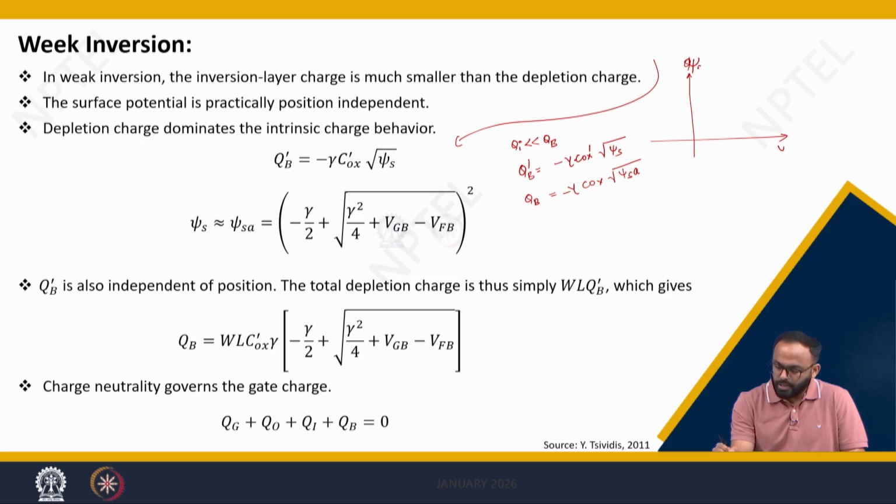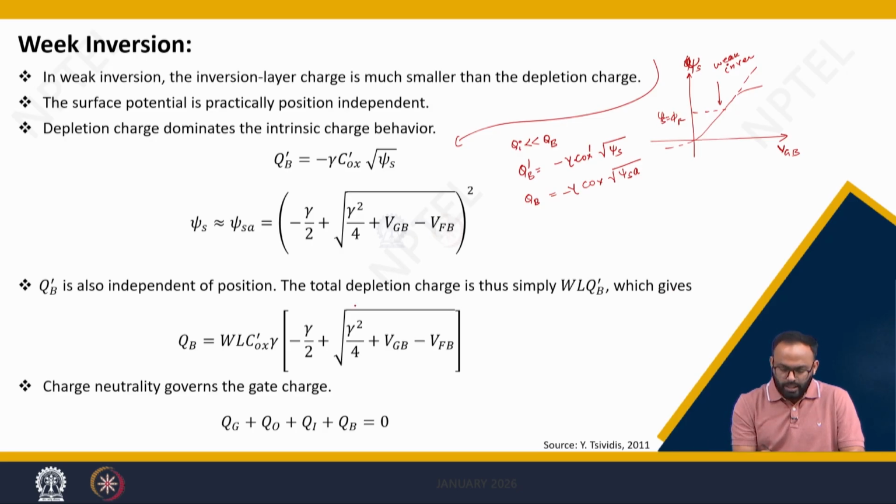If you plot surface potential with respect to VGB, the graph was like this, and we said that this shows the weak inversion, which is similar to the depletion case where psi s is equal to phi f, correct?